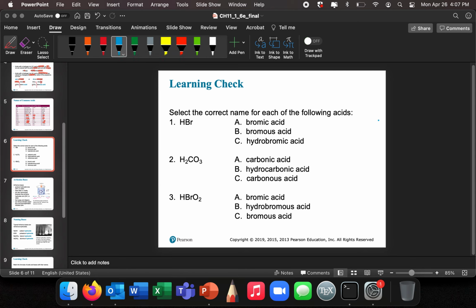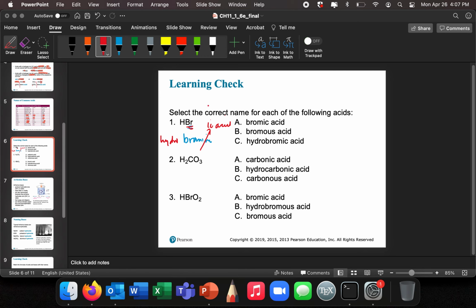Okay, so I'm going to suppose that you named it. And I have a binary acid here that is not a polyatomic ion, right? There's a nonmetal, and it's bromine, right? So I'm going to change the end of it to bromic acid, and I'm going to put hydro in front because it was just a single atom here, right?